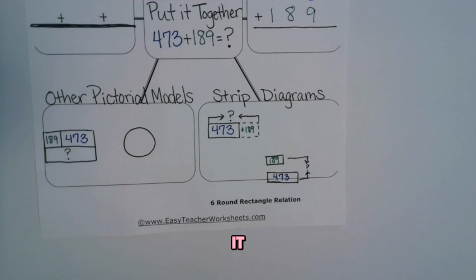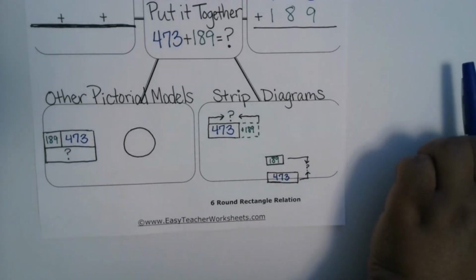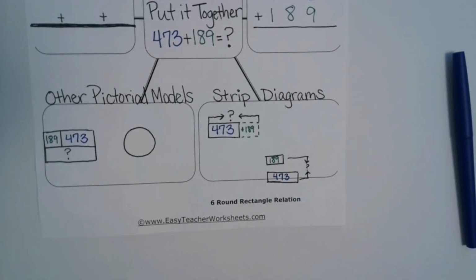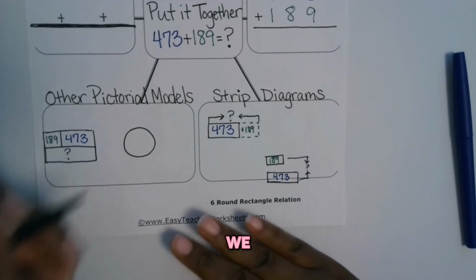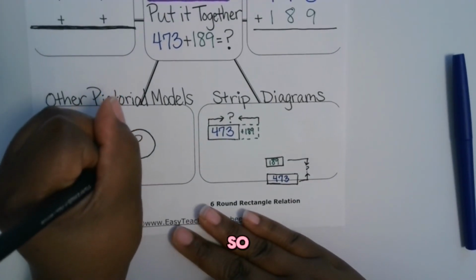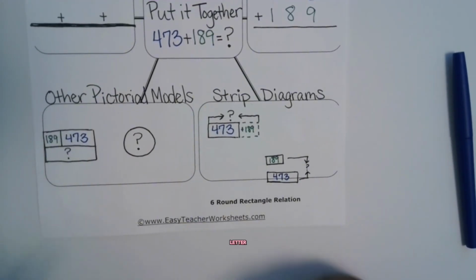I've also seen it done this way, where this circle will represent the whole. The circle will represent the whole, which we don't know, so we put a question mark in there. Sometimes they may use a letter, but we're just going to use a question mark for this particular example.